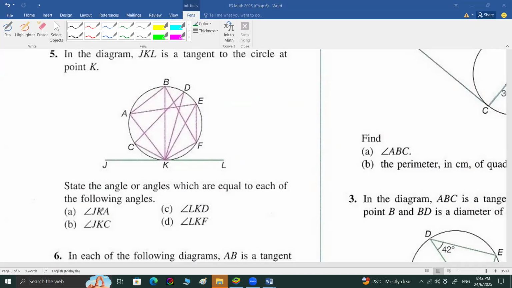We see JKA. JKA is here. So here means this line, right? Can you see this line? So I show you the triangle that is related. I'm not going to delete it all, because you can't delete everything, right? I just show you the line that is related. Okay, can you see this line? So I get a suitable triangle.